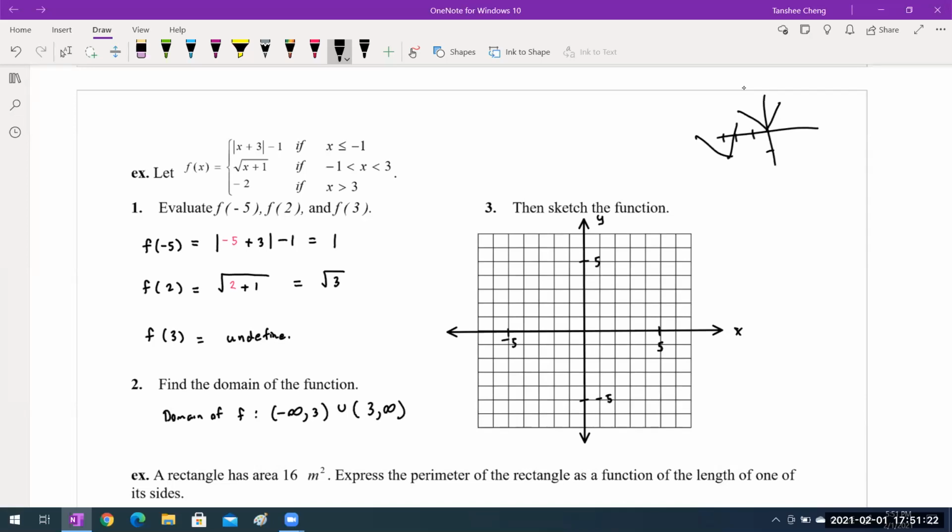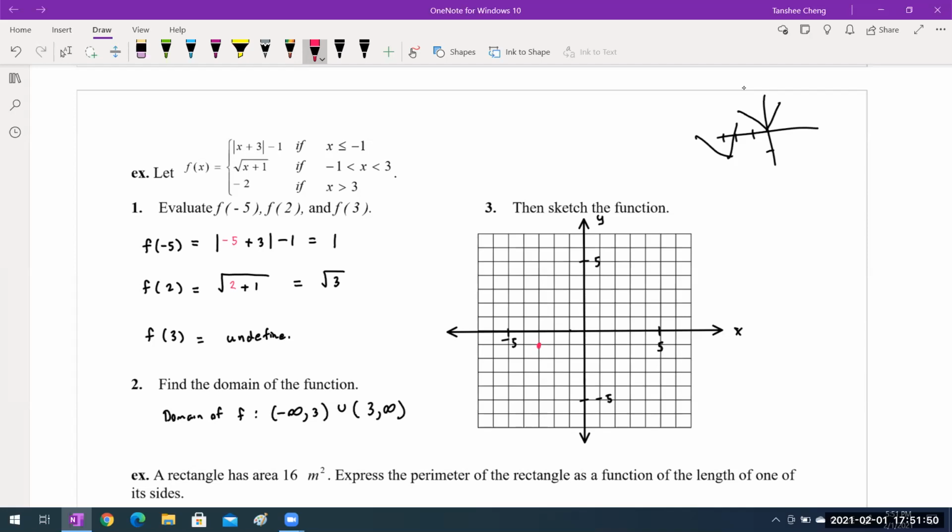However, we know that this graph will be restricted on a domain of only less than or equal to -1. So the vertex of this absolute value will be 1, 2, 3, and down 1 unit, which is right here. That's the vertex of the absolute value.